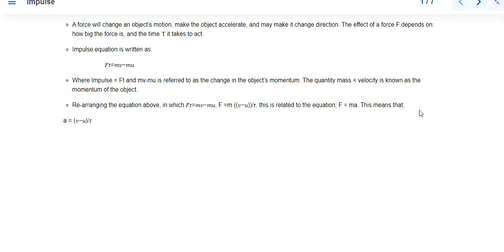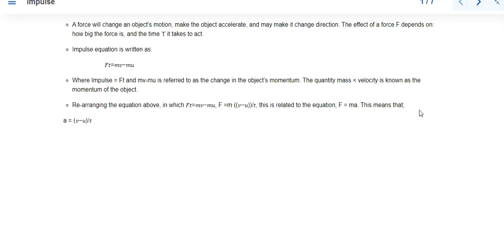The impulse equation is written as Ft = mv - mu, where impulse is equal to Ft, and mv - mu is referred to as the change in the object's momentum. The quantity mv, which is mass times velocity, is known as the momentum of the object.